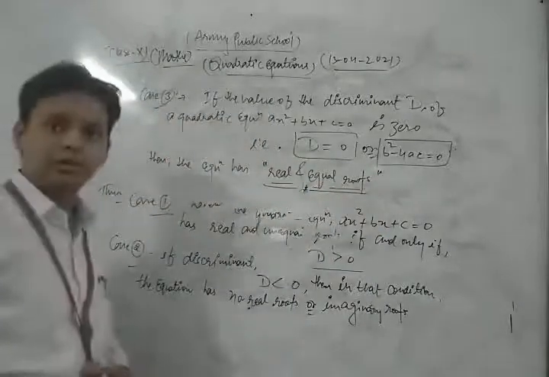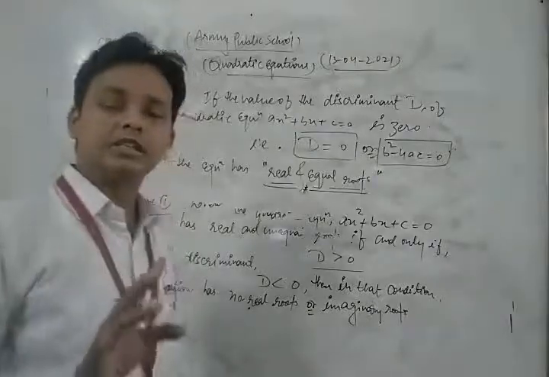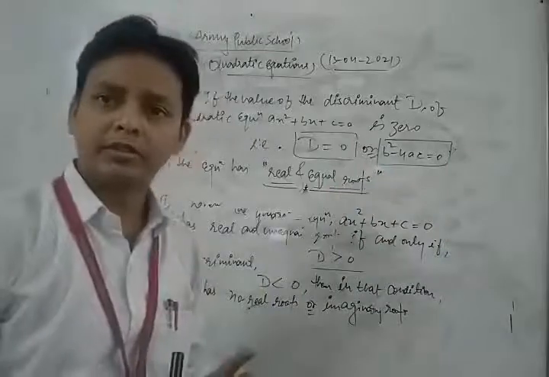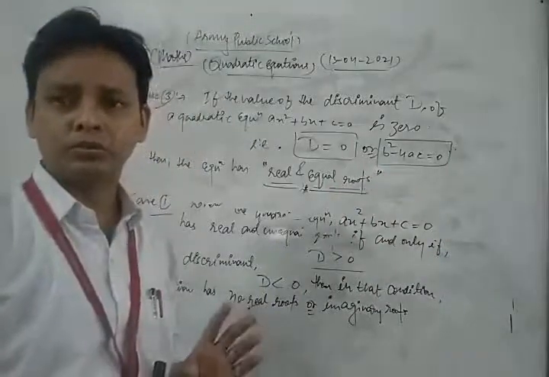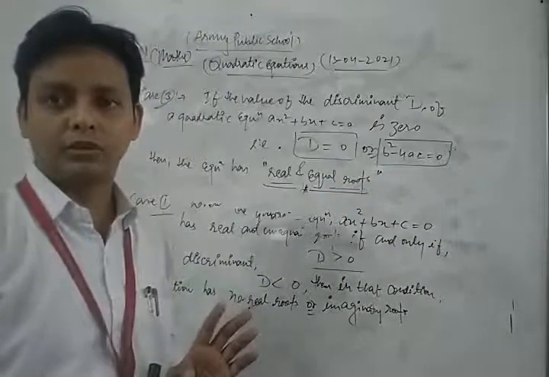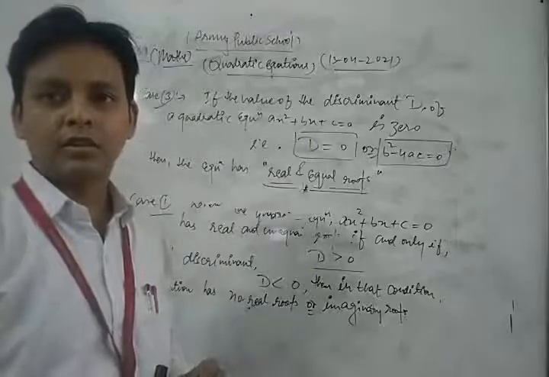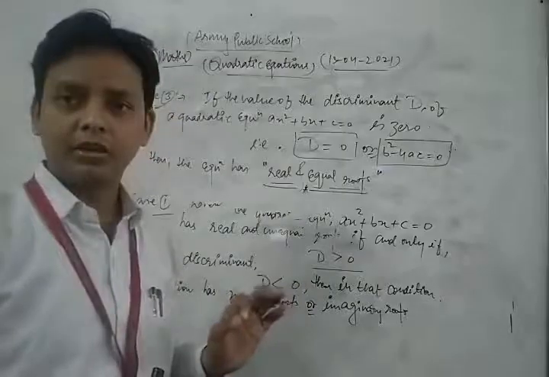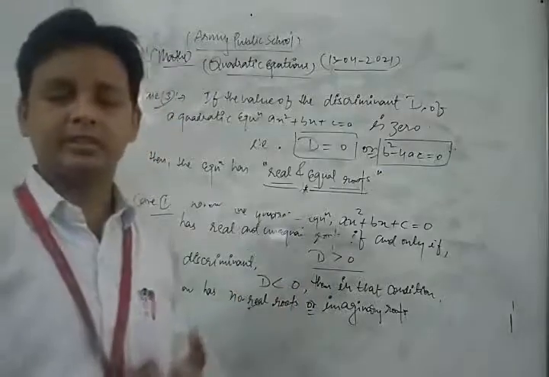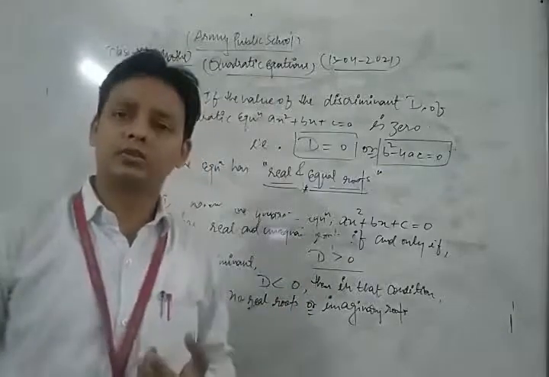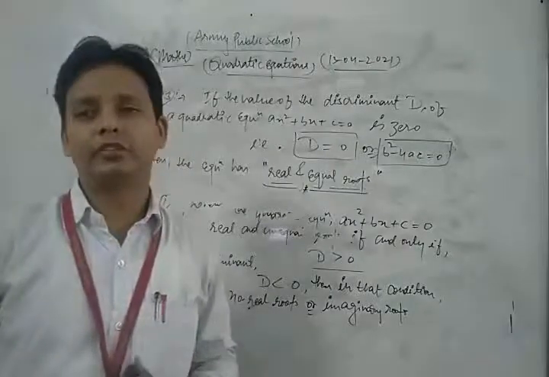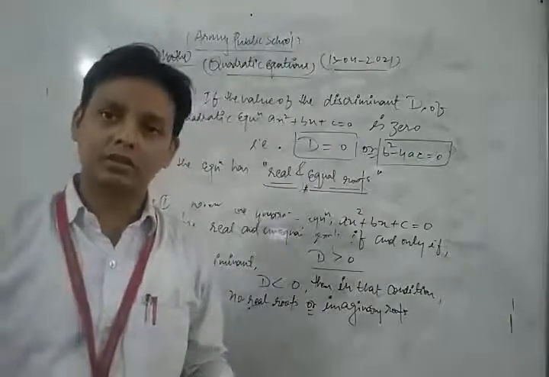In this way, dear students, we discussed all three important conditions related to quadratic equations, which are very important for you. So please, dear students, concentrate and learn all three conditions very carefully. First, the equation has real and unequal distinct roots when the value of D is greater than 0, meaning positive.